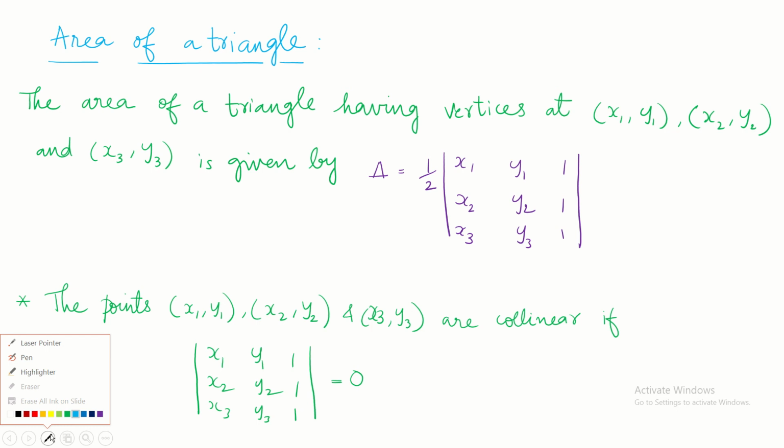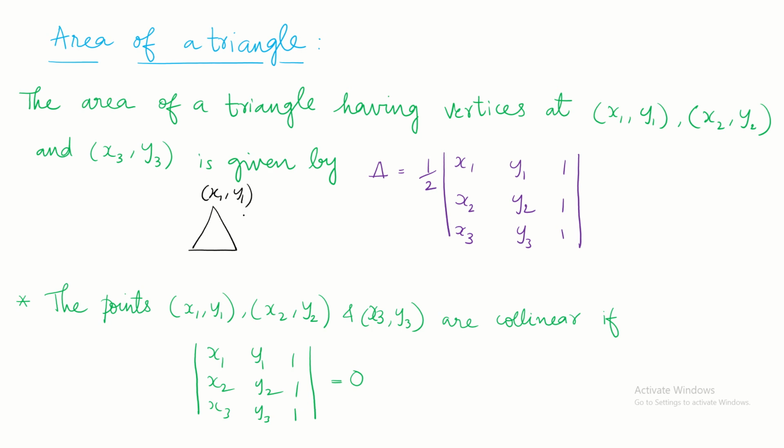So here, area of the triangle, you have vertices x1, y1, x2, y2, x3, y3. So in a triangle with x1, y1, x2, y2, x3, y3, you have to draw this triangle in your notebook.